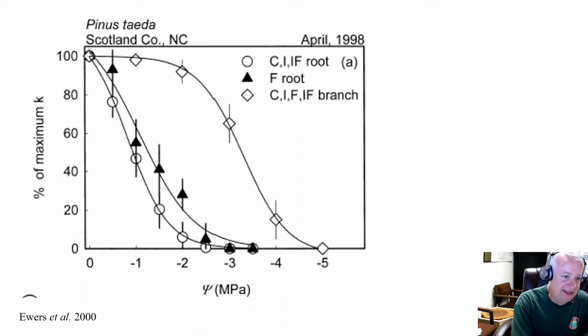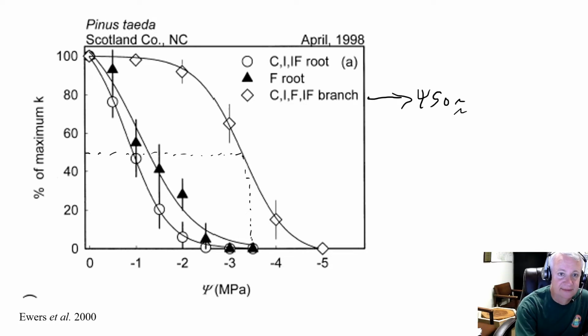But the interesting thing here is you can see that there's fairly large variation in vulnerability to cavitation between branch tissue and root tissue. So let's look at psi 50, and psi 50 works the same regardless of how this is presented, fortunately. So psi 50 for branches is about negative 3.5 megapascals. And then for roots, we'll just sort of take the average.